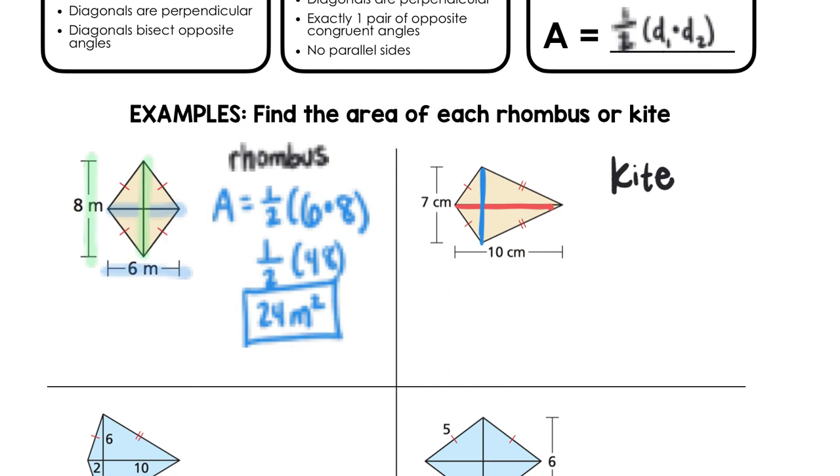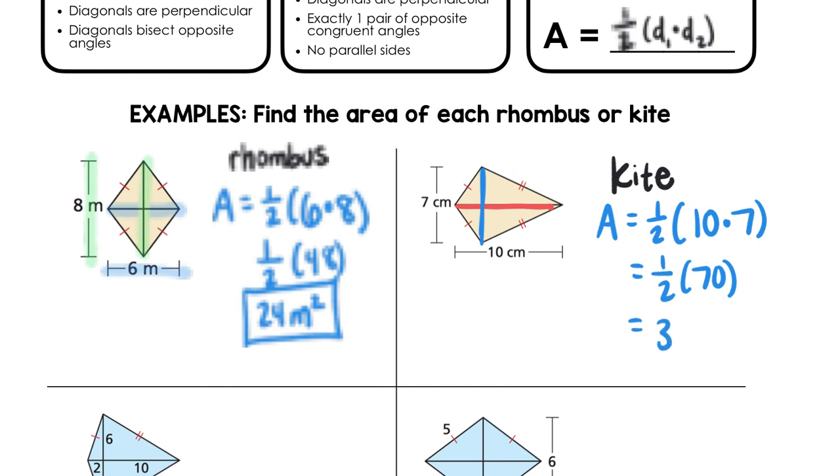So the formula is A equals 1/2 D1 times D2. So it's going to be 1/2 times 70, which is 35. Remember, if you're just directly typing that in the calculator, you do need to put parentheses around that fraction.